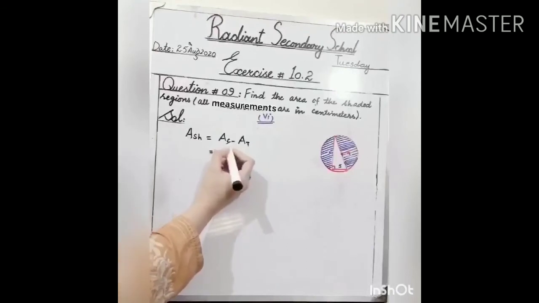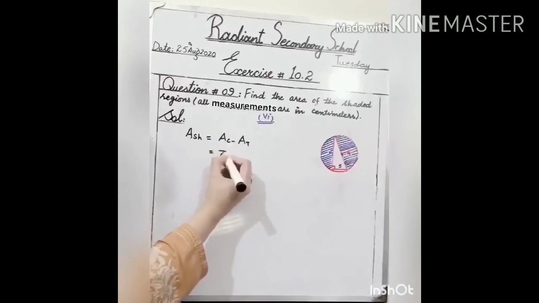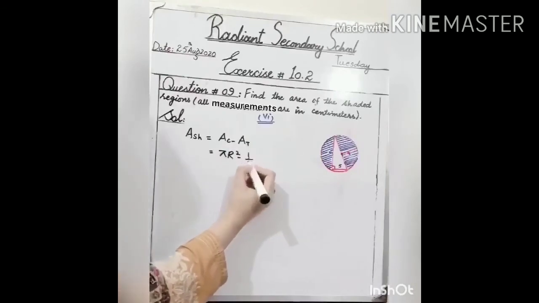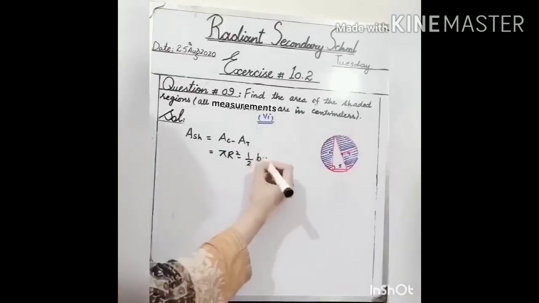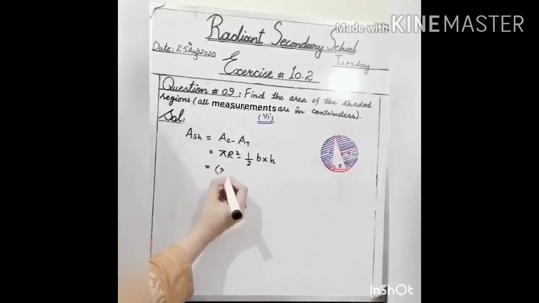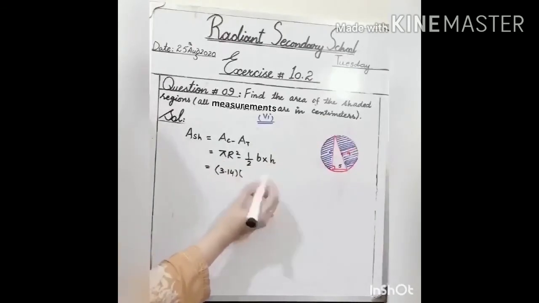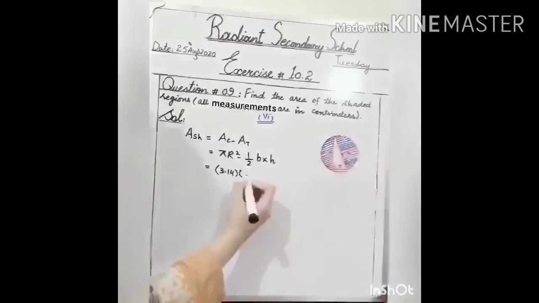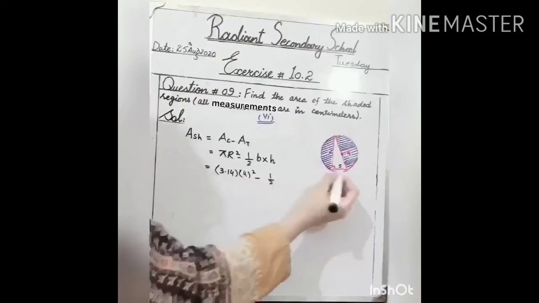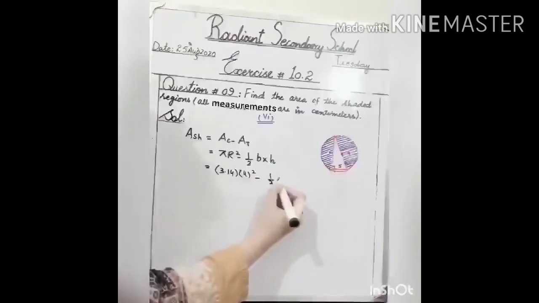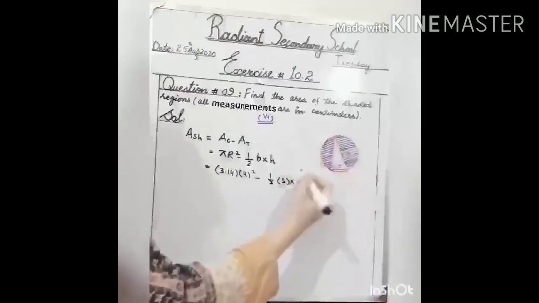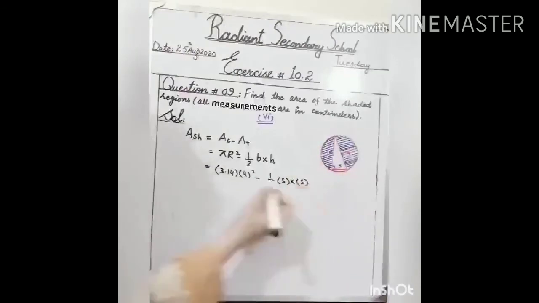The area of the circle is pi r square and the area of the triangle is half of base into height. The value of pi is 3.14. Here the radius is 4 minus 1 by 2. Here the base is 5 and the height is also 5.